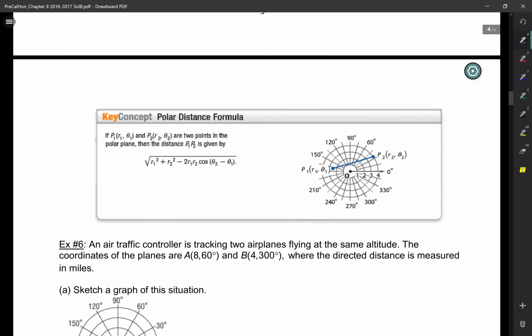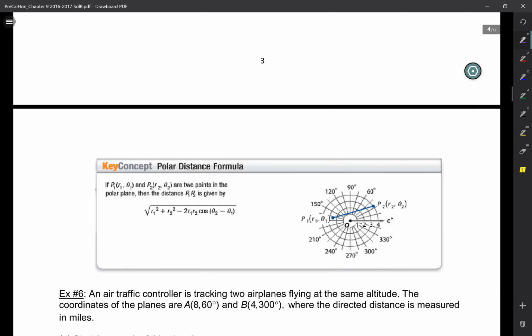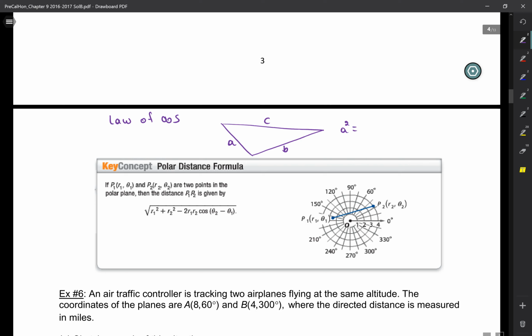All right, polar distance. Okay, so take a look at this for a minute. Let's talk about the law of cosines. Okay, if this is A, B, and C, what's the law of cosines? A squared equals what? Do you guys remember?